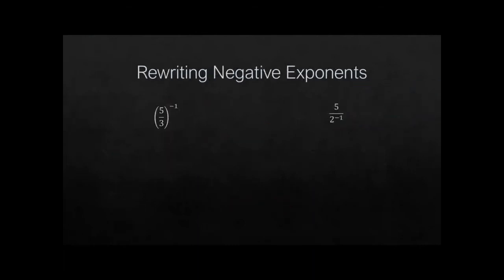So with a fraction, we take the reciprocal of the fraction, so that would become 3/5, and then the exponent becomes positive. So simplifying this would just be 3/5. If you have a fraction with a negative exponent, you just take the reciprocal, and then that negative exponent becomes a positive.